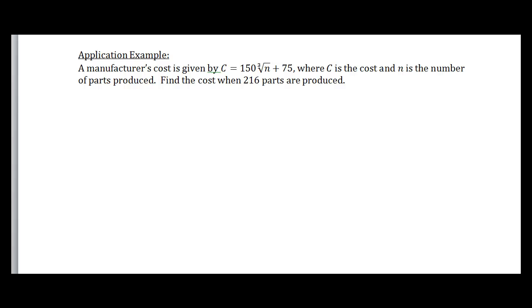So we have this equation here. It is a radical equation because it does contain a radical. C equals 150 cube root of n plus 75. They're telling us that C represents the cost, how much it's going to cost the manufacturer to make those products, and n represents the number of parts produced.